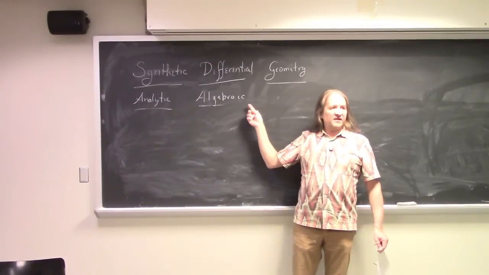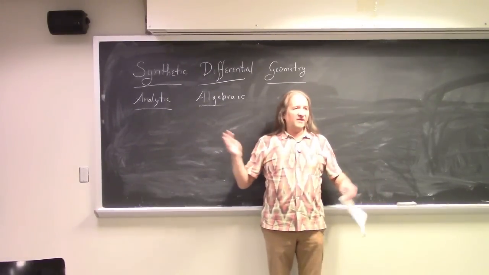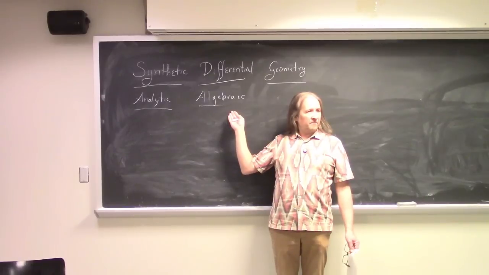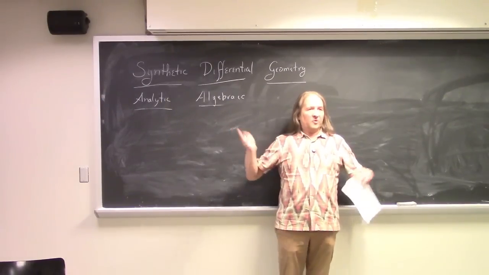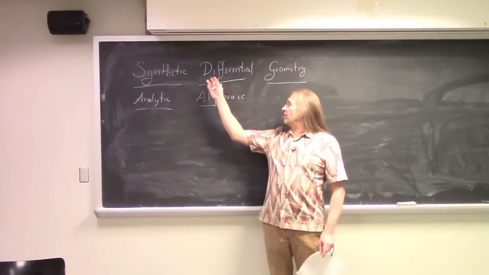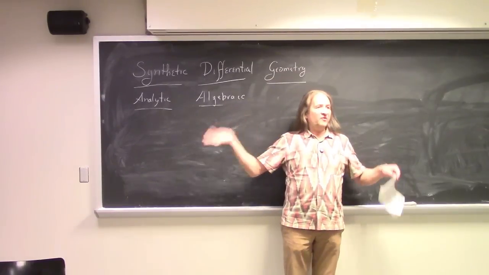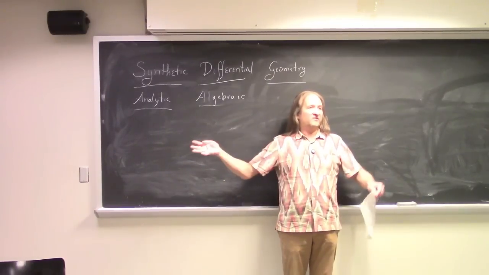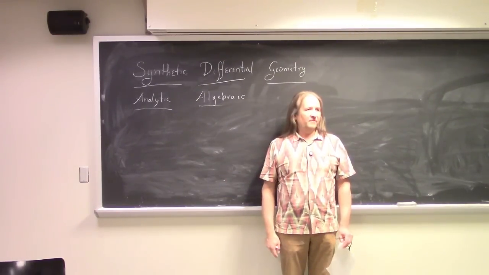First, given those quantities, I can do algebraic operations with them, and that's usually what we call algebraic geometry. But I could also do differential operations with them: take derivatives, solve differential equations, and that basically gives me differential geometry.